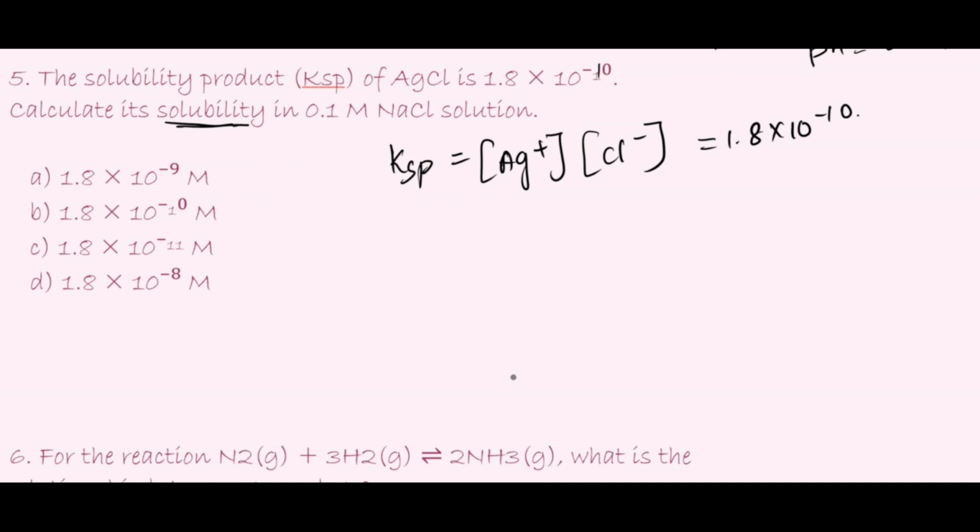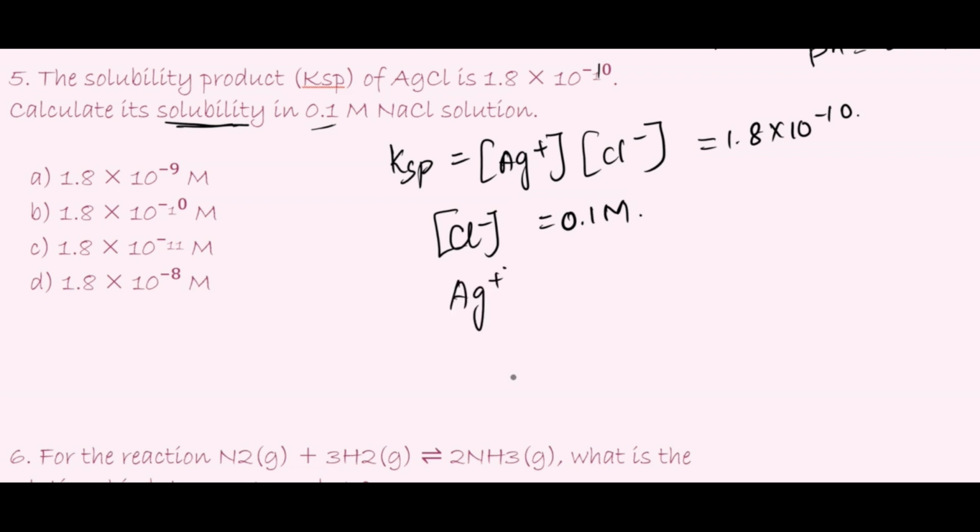So you can take the concentration of Cl minus ion from NaCl, that is 0.1 molar.